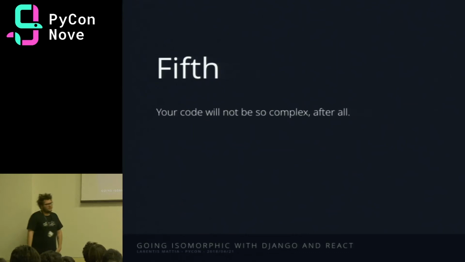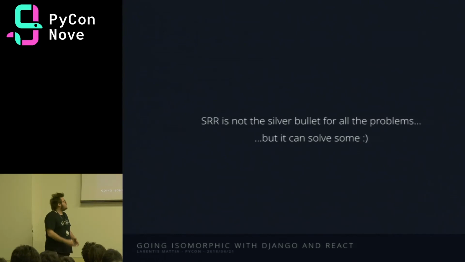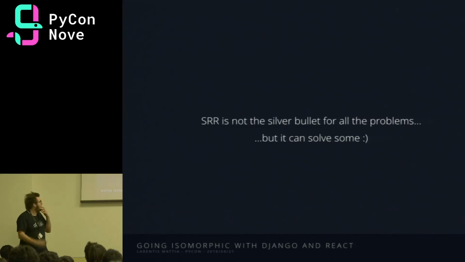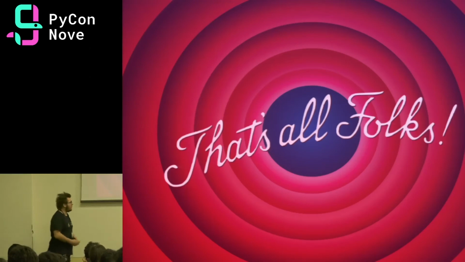Five, the code will be a bit more complex, but the SEO will be improved. So SSR is not a silver bullet for all the problems, but it can solve some of them. That's all.